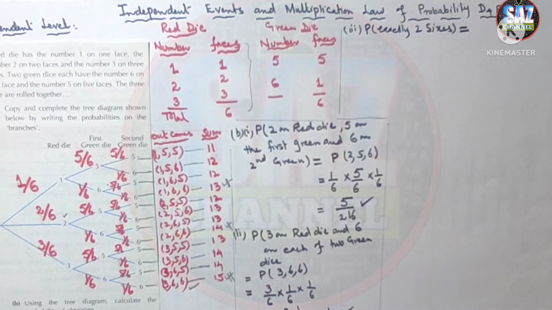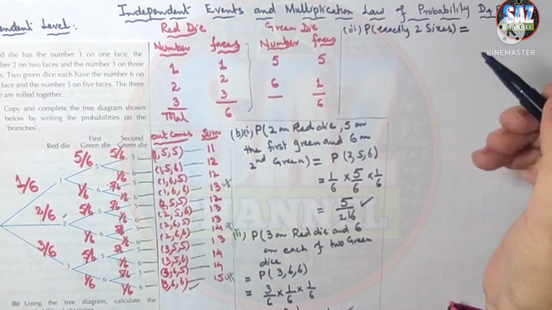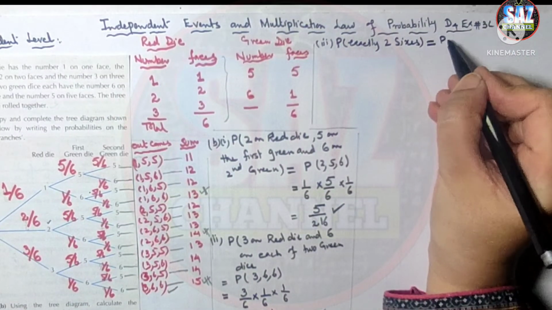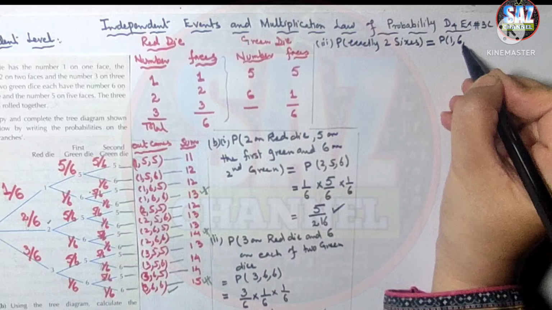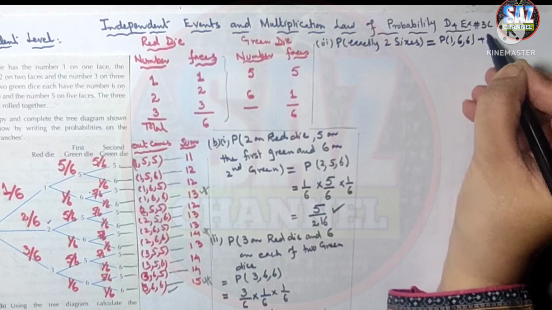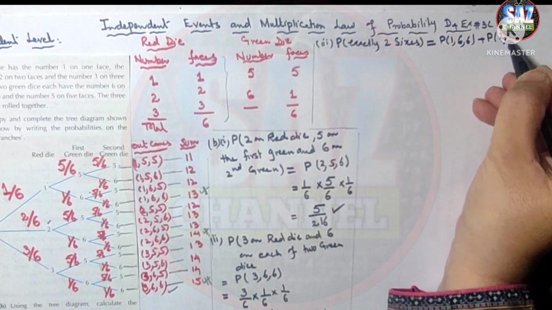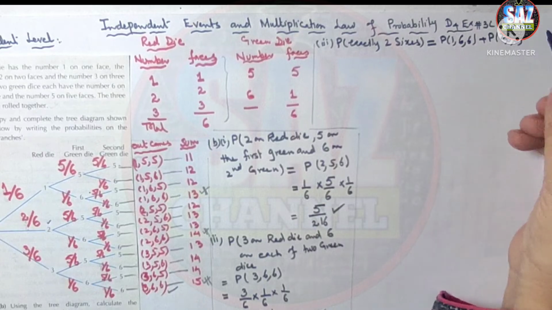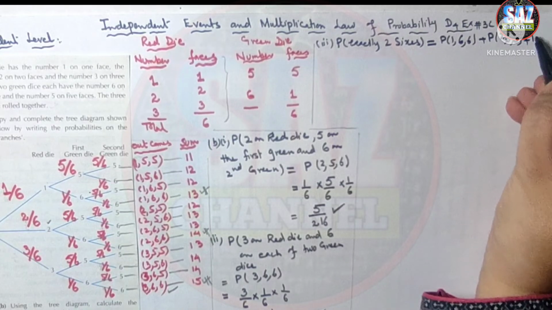So for the probability of exactly 2 6s, we have to take the probability of 1 6 6 plus the probability of 2 6 6 plus the probability of what, students? 3 6 6.